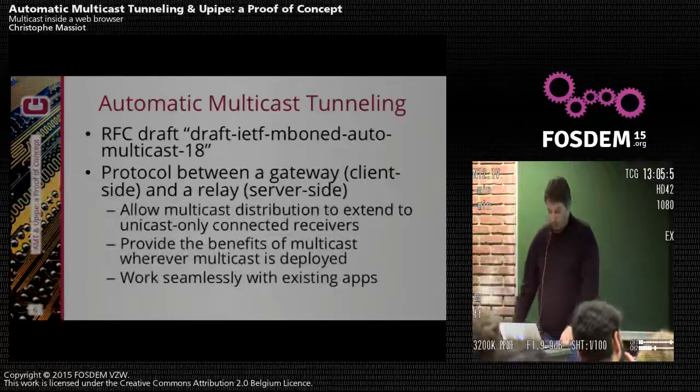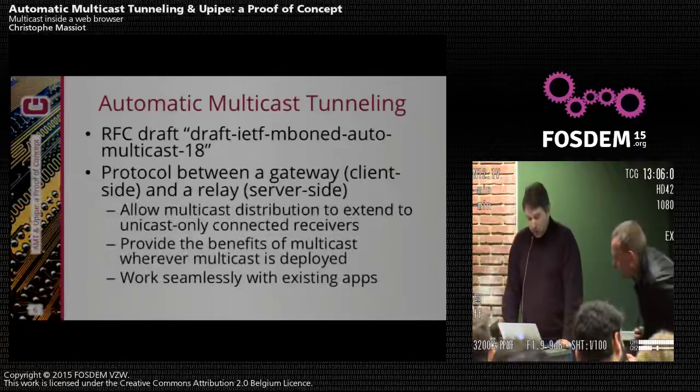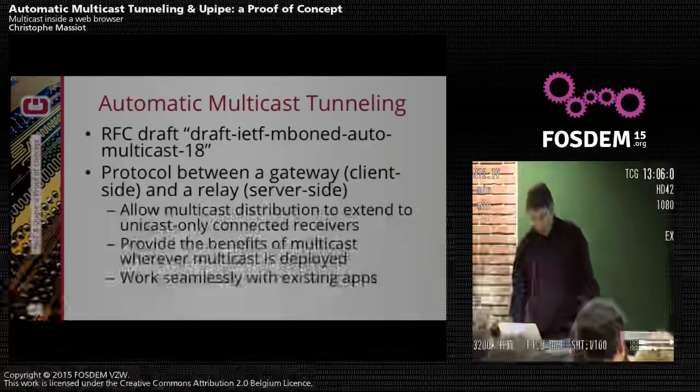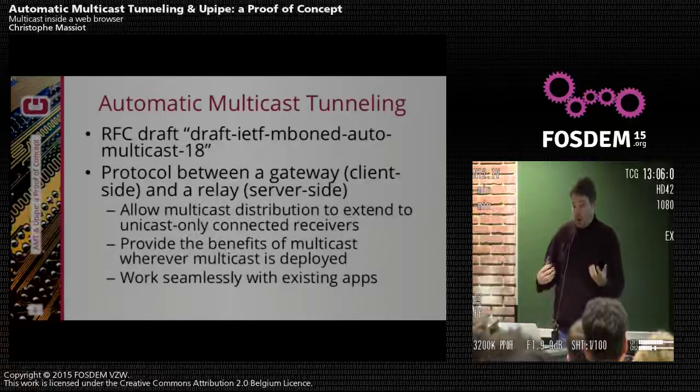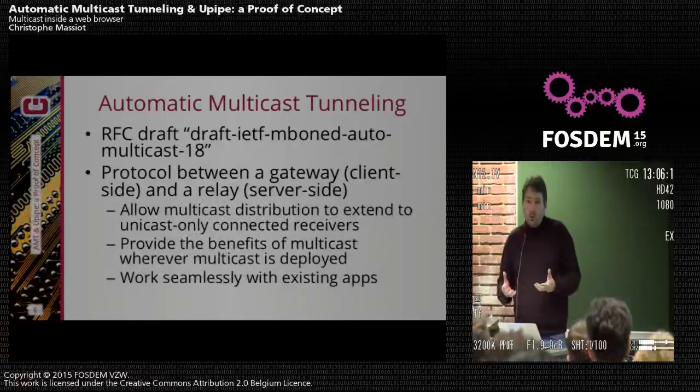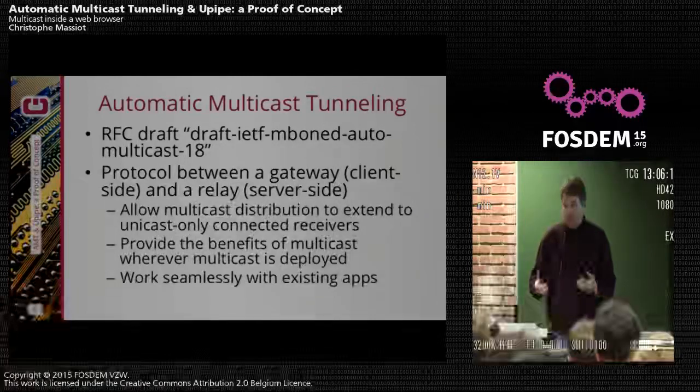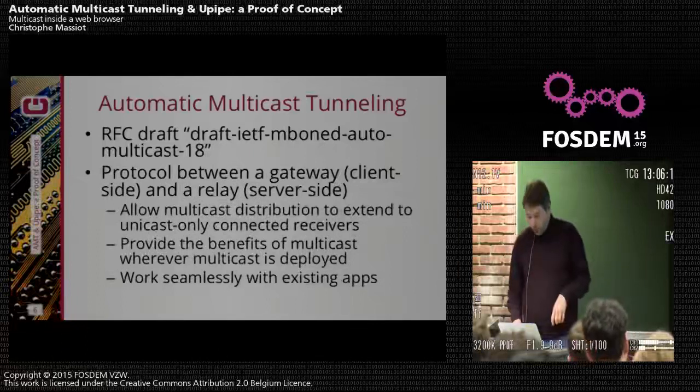This protocol allows multicast distribution to extend even to unicast-only connected receivers. In other cases, if you are already on the multicast network, you don't need AMT, so you have the benefits of multicast. And for the applications, you don't have to change a thing. It works seamlessly as well.